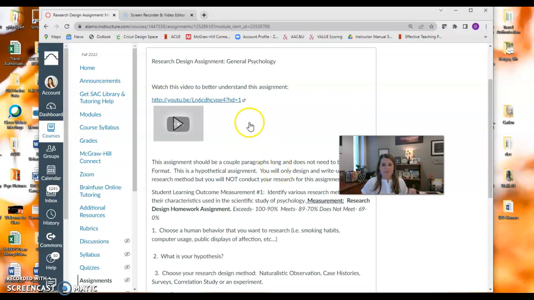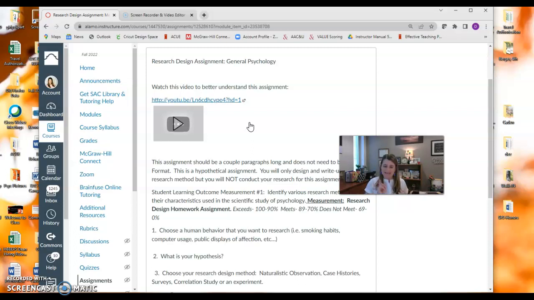You are hypothetically, and I cannot emphasize that enough, you're not really doing research. To truly do research, you would need to go through an ethics approval. You would need to go through an IRB board, which is an institutional research board. There's so many steps. So you are not doing your research. You are just designing your research, okay? So that's the good news.